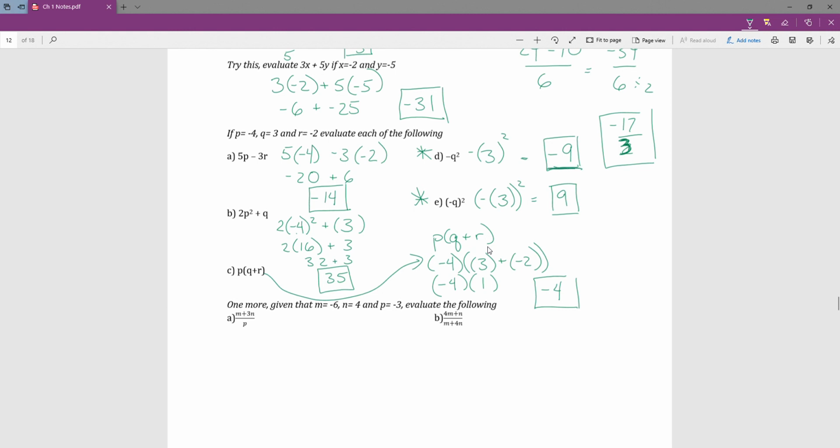On the bottom, I have -3 inside those brackets because you do those brackets first, then the exponent. So that's -3 times -3. And -3 times a -3 is a +9. So you can see this tip of subbing in with brackets can really make a difference.